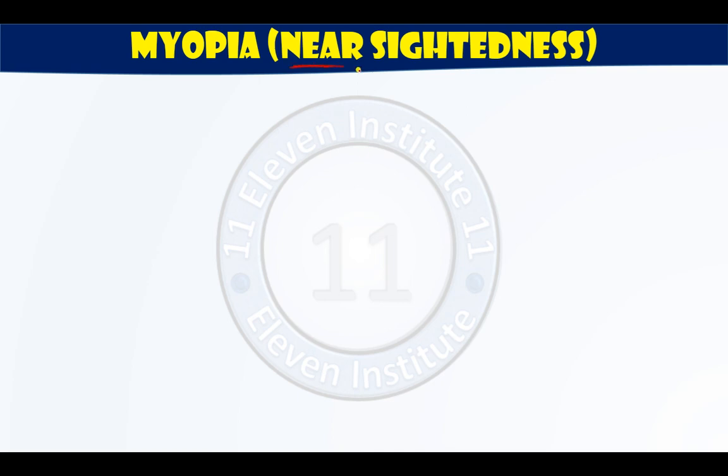Nearsightedness means you can easily see the objects which are near to you, whose object distance is less, but we have a problem in seeing objects situated far from us. Such a condition is known as nearsightedness.